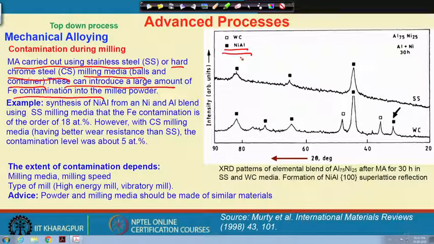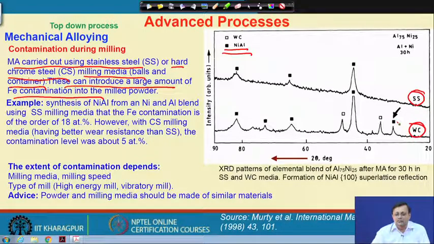Here if I use stainless steel, then I do not contaminate too much, but if I use a tungsten carbide vial and ball, then I will introduce some other contamination, and tungsten carbide peaks are coming here. So, this is the tungsten carbide peak here.